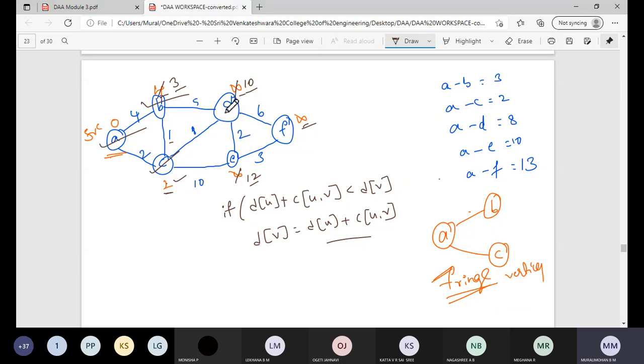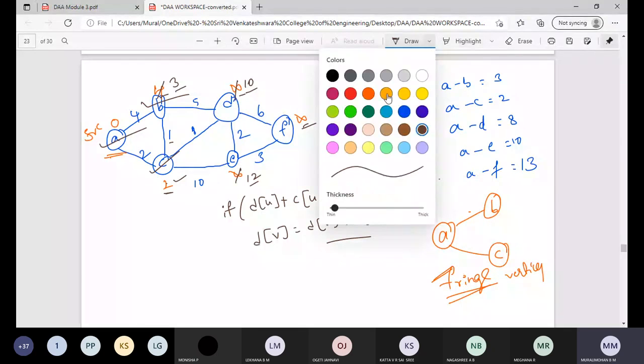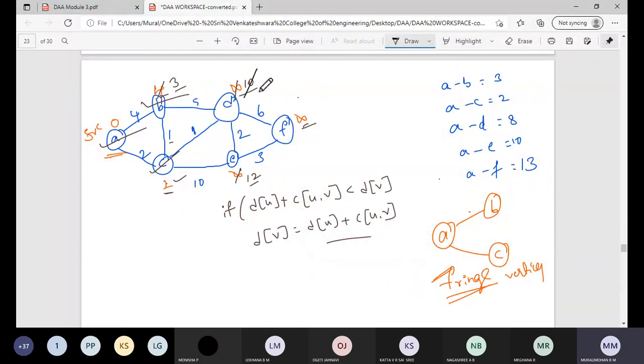Yes, sir. So what will be the cost of this D now? 8, sir. 8. Very good, right? Because 3 plus 5 is less than this 10. So hence we will update this. So it is now 8, right?